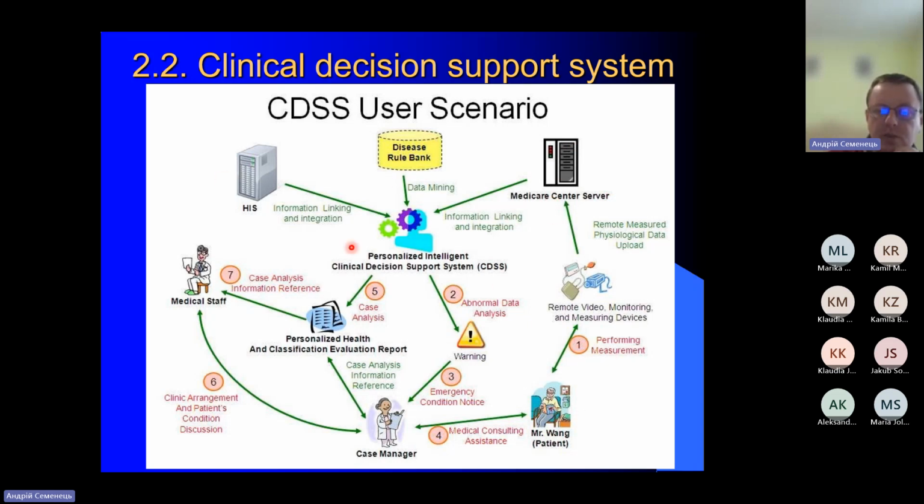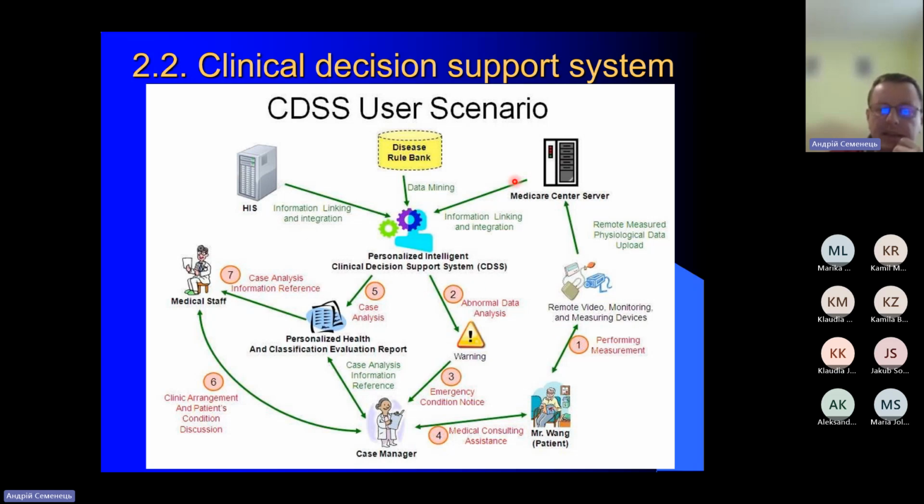Then the data retrieved from the patient has to be compared with a disease rule bank and with information from the hospital information system, which must incorporate previous medical records for this patient or common cases.